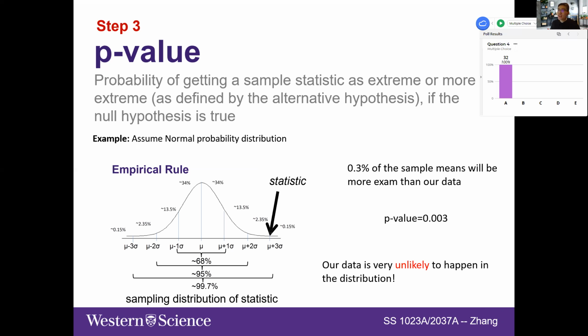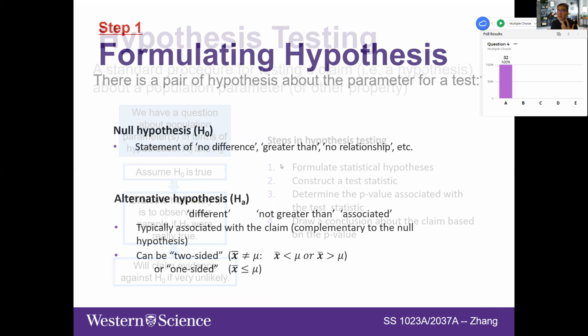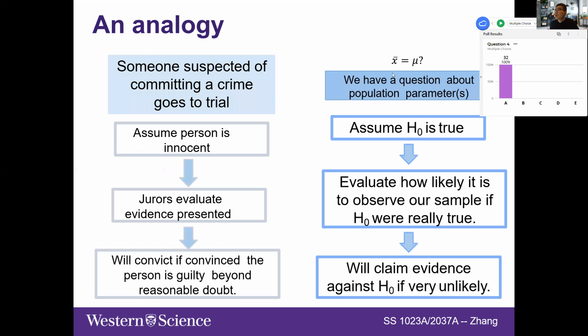If not, I'll thank you for, oh yeah, there's another question. Could you please briefly explain the steps of hypothesis testing again? Okay, for this, you just remember our analogy. First of all, we start with our research question, and from it we assume our initial assumption is correct, which means we assume that our null hypothesis is true.